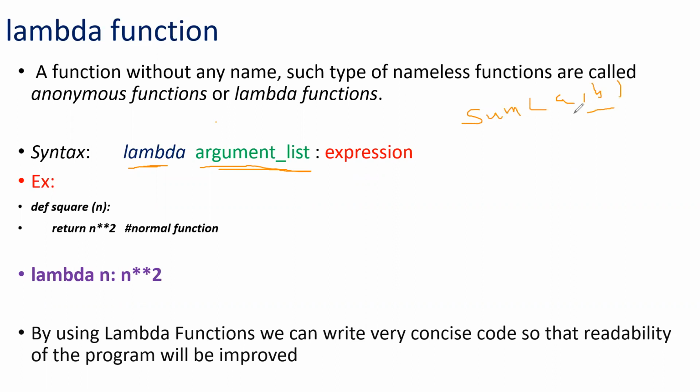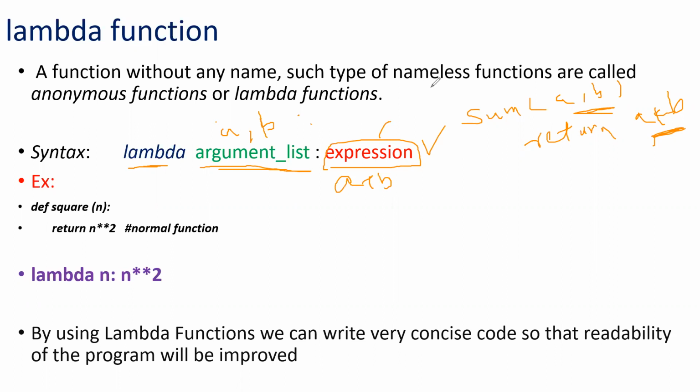These are the arguments. Then colon, then expression. Expression means the logic or the formula. For sum a comma b, return a plus b is the expression. So we need to write a plus b. Simply, we have completed a function within a single line.